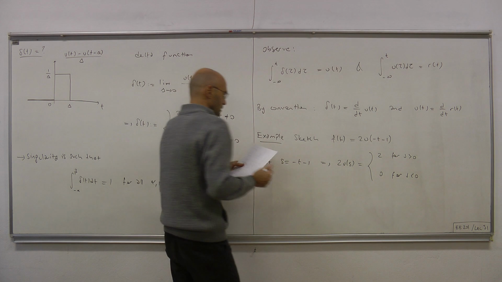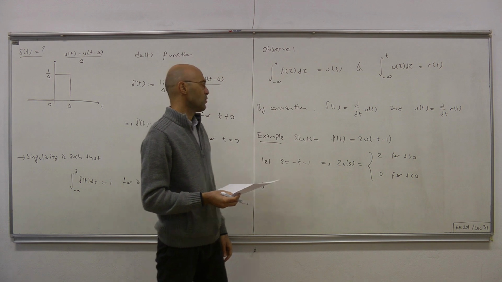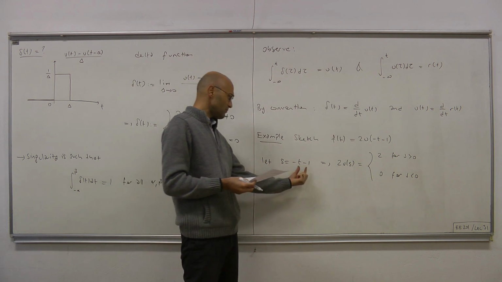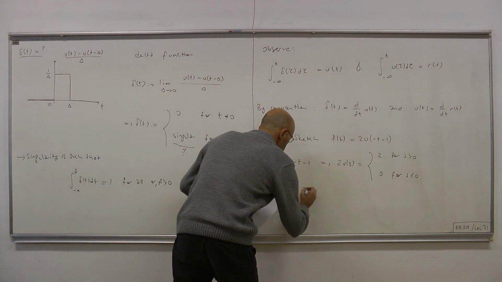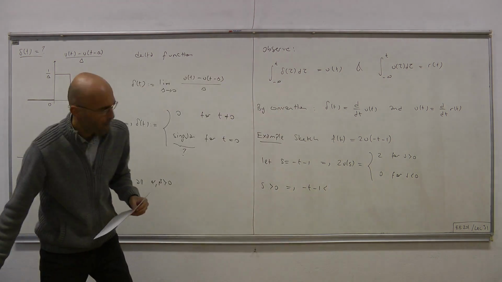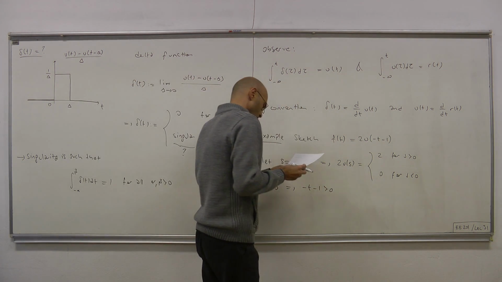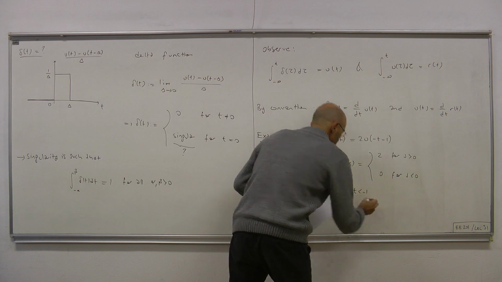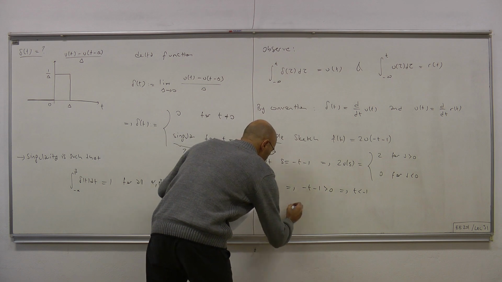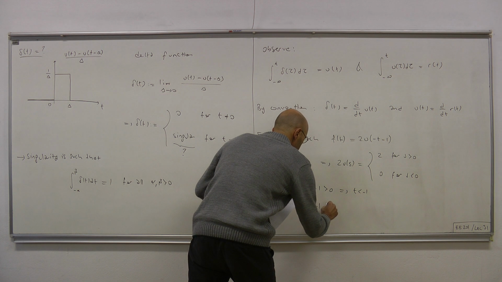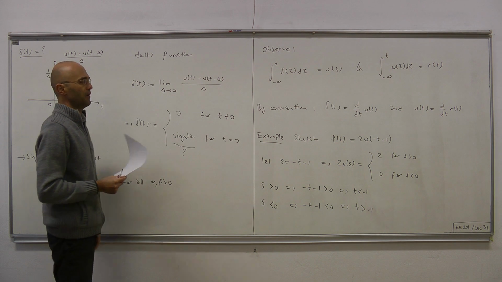Okay. And now translate s larger than 0 and s smaller than 0 into conditions in terms of t. Okay, so s positive means minus t minus 1 positive, and that means t is smaller than minus 1, and s negative means the other direction, t greater than minus 1.